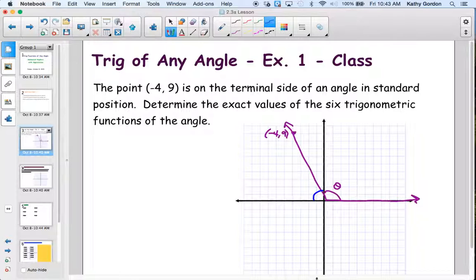And so there's actually a name for this. We use a theta with a little apostrophe after it, which in math is called a prime sign. So we say this is theta prime, and we call that a reference angle.